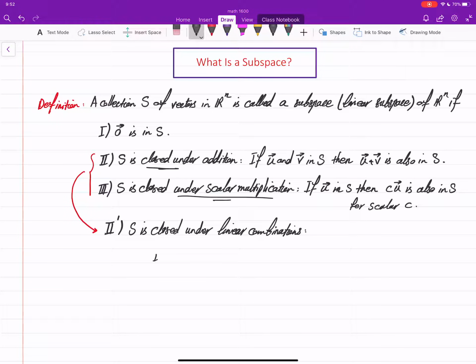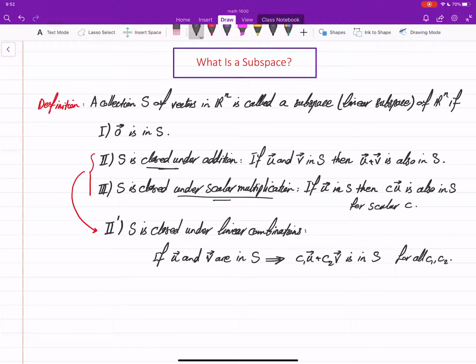It means that if you pick any two vectors u and v in S, then any linear combination of u and v is also in S. So C1u plus C2v is in S for all C1 and C2.